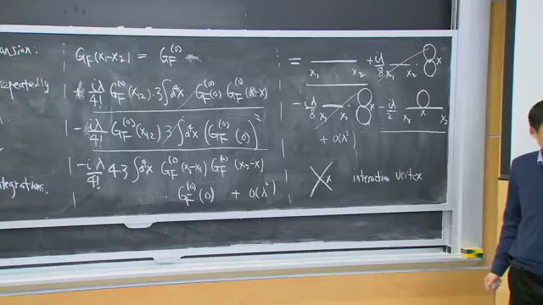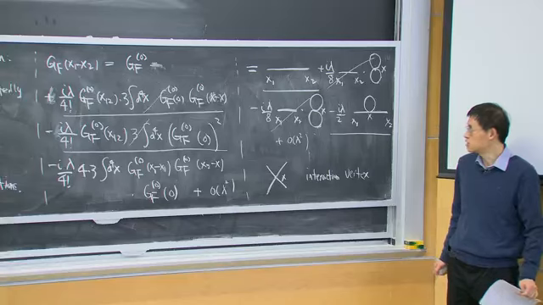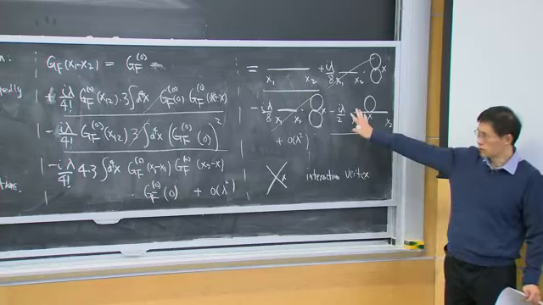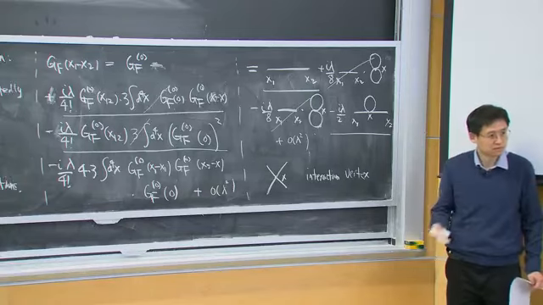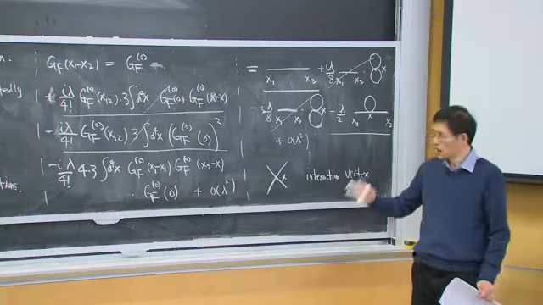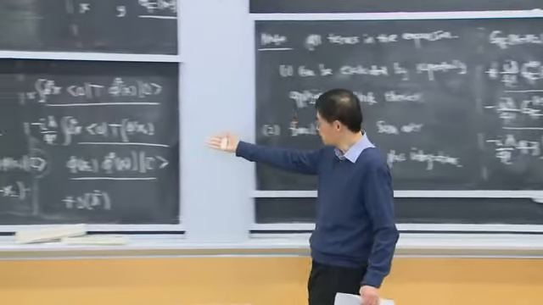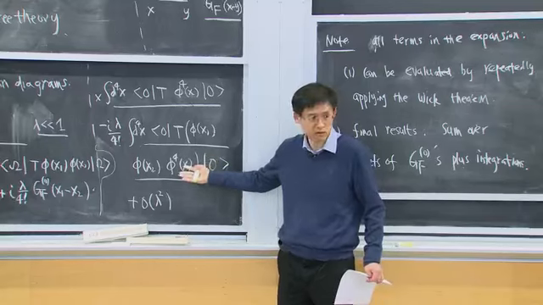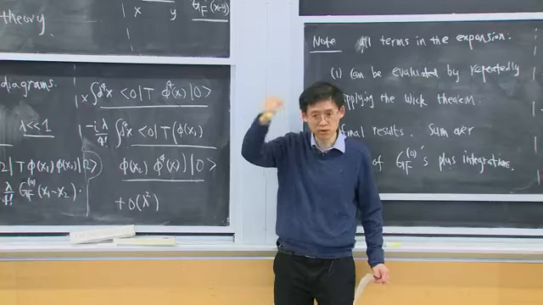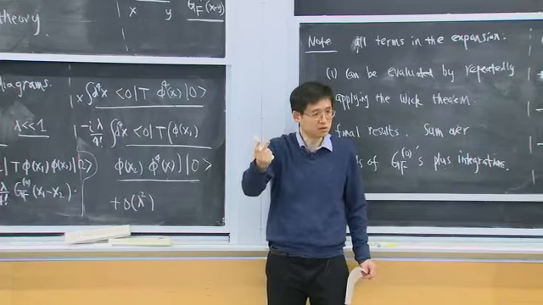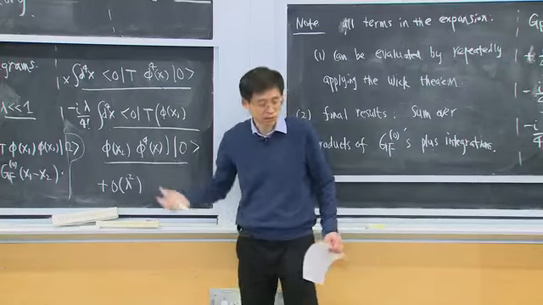So in practice, it's actually much easier to just draw the diagram first, and then from the diagram write down the analytic expression, because the diagram is much more intuitive. Essentially, whatever terms here, you just find all possible ways to contract them. And we can do it diagrammatically through all possible ways to contract them. That's much easier to do by drawing a diagram than by doing the counting.